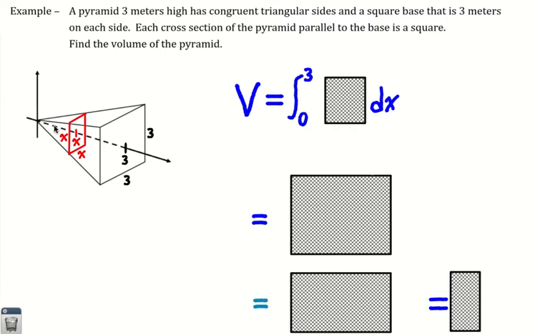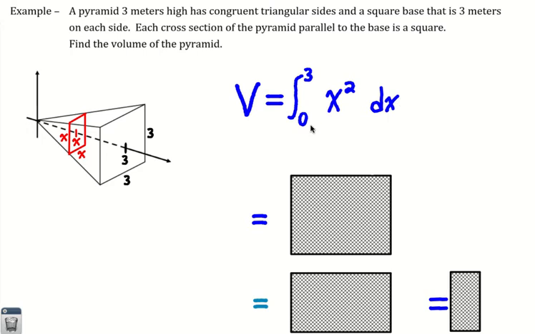Basically, wherever you draw your square, the square sides are going to match whatever the x-coordinate is. So any given square is just going to be x times x. So you can just call it x squared.